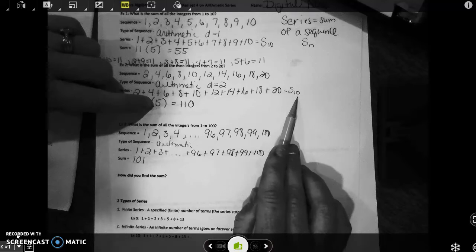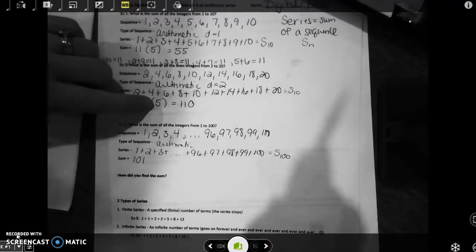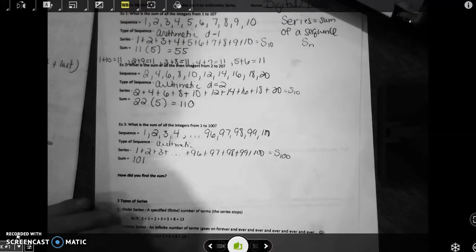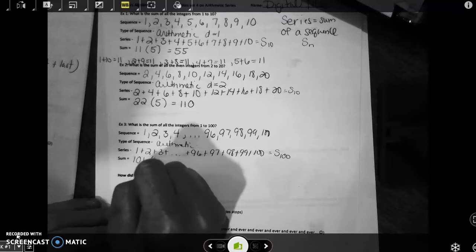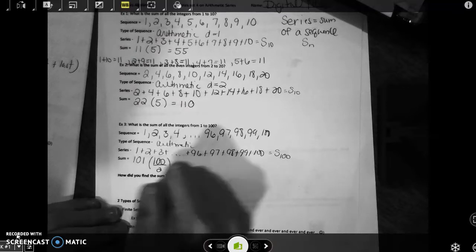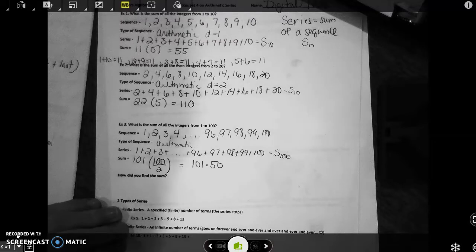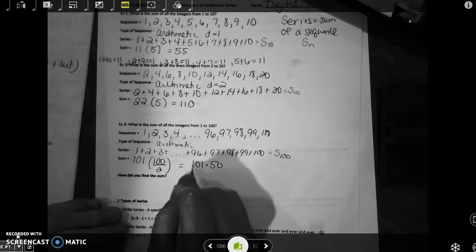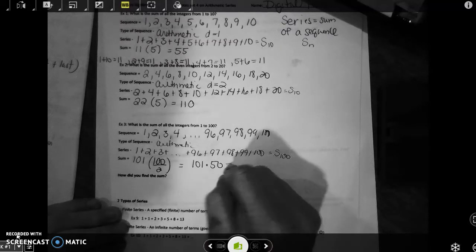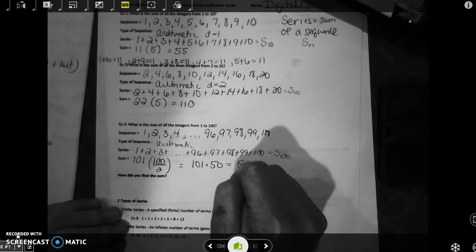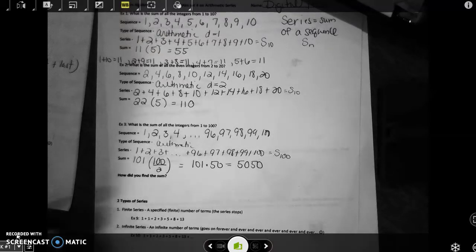We had 10 terms in all, so 10 over 2 is 5. How many pairs will we have here? Well, we have 100 terms in all, which means that we would have 50 pairs. So we have 101 50 times, which means we get a sum of 5,050.